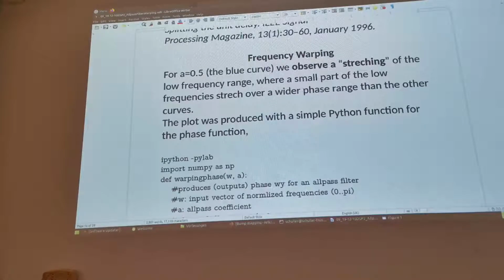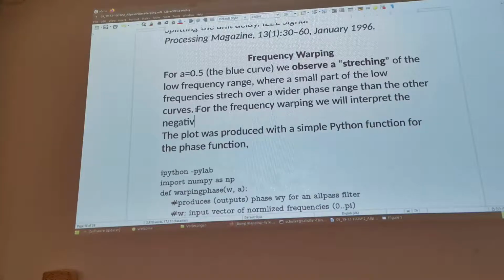Here, a small part of the low frequencies stretches over a wider phase range than the other curves. For the frequency warping, we will interpret the negative phase as a normalized frequency.